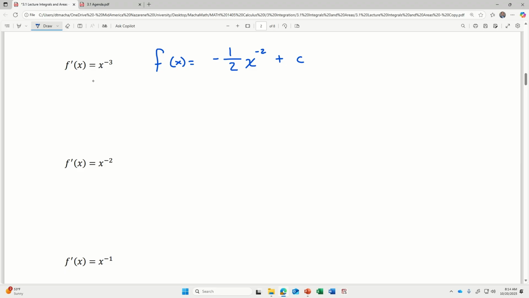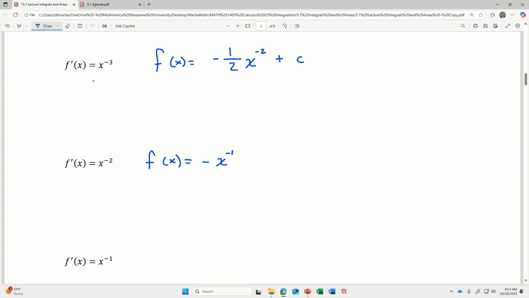All right, if my derivative is x to the negative 2 power, what function would give me that derivative? Yep.